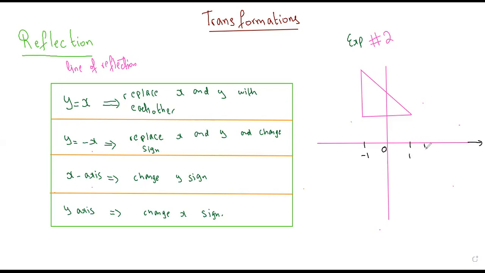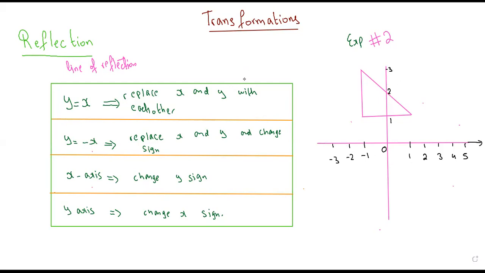This is 1, this 2, then we have 3, 4, and 5. Now, obviously, I'm just explaining over here, so I am not actually writing down the coordinates properly. I'm just trying to explain this. So, yeah, it is like this. Then we have -1, we have -2, we have -3, and yes. And then for the y-axis, this is 1, then this is 2, and then this is 3.